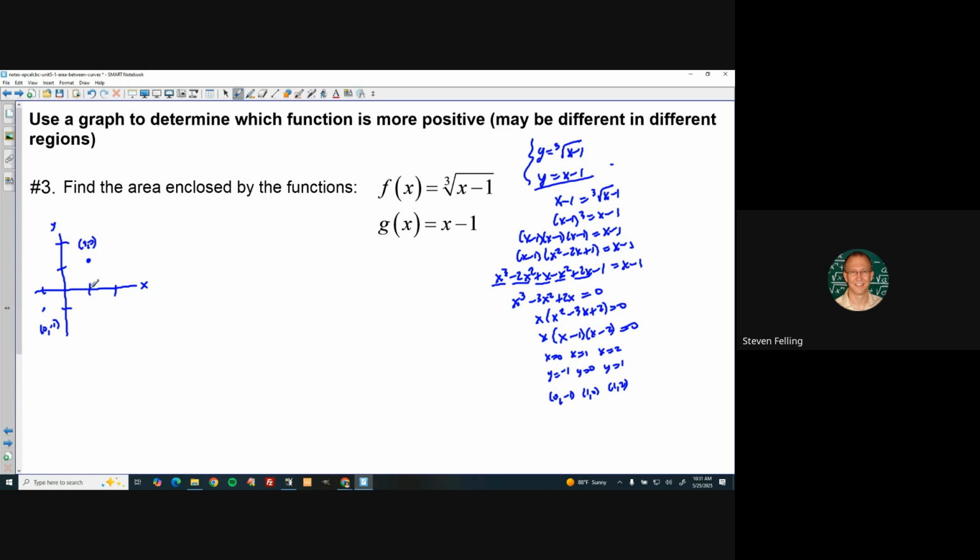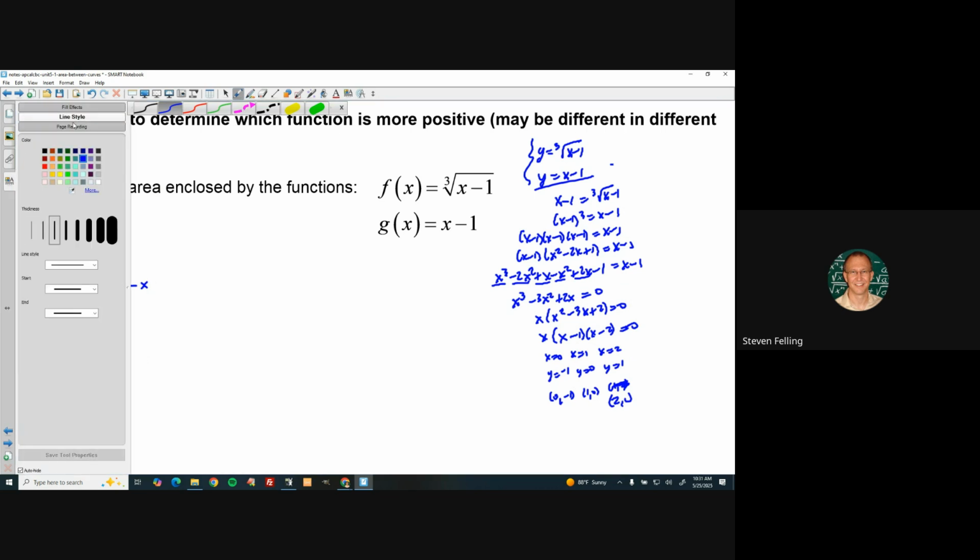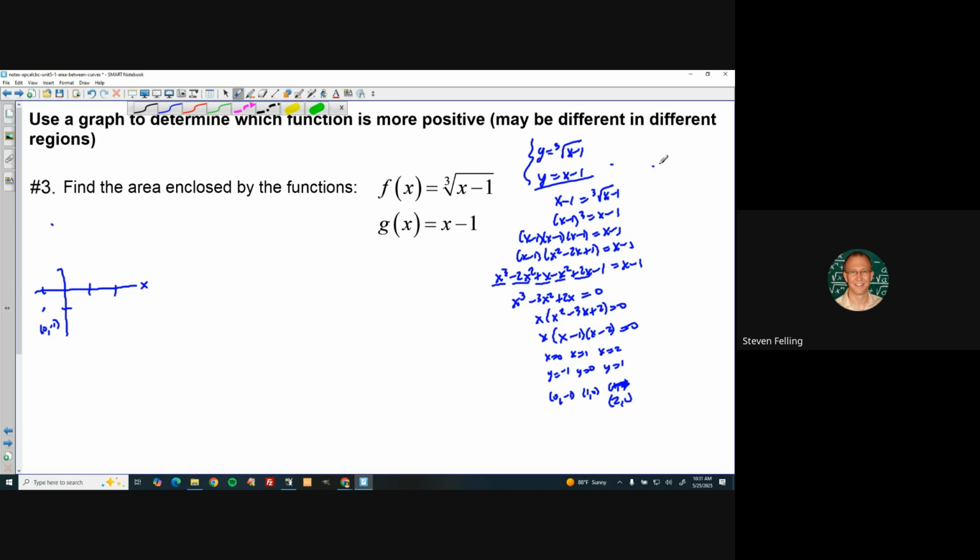And (2, 1), sorry, I got that backwards. That's not right. Let me just redo that whole thing. Okay, we'll start the graph over again.